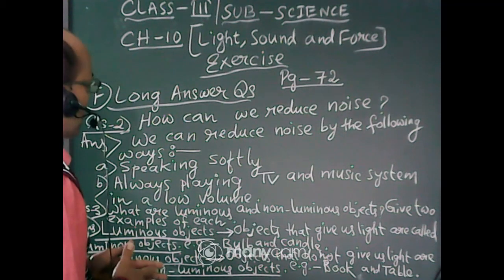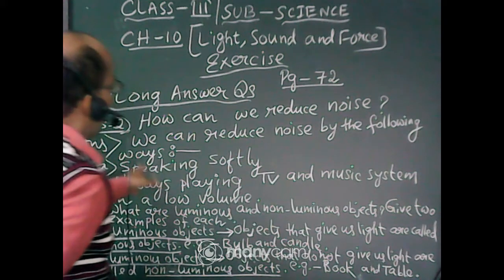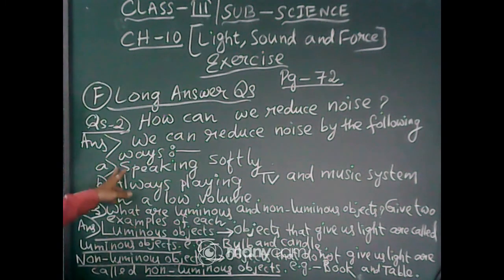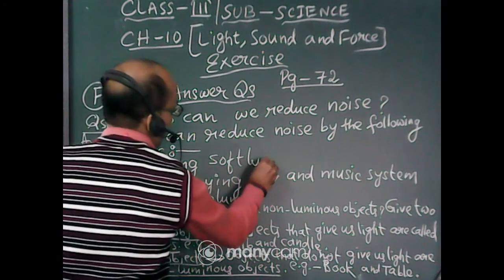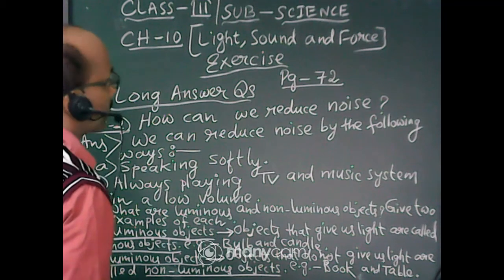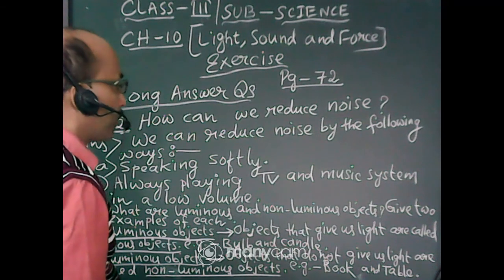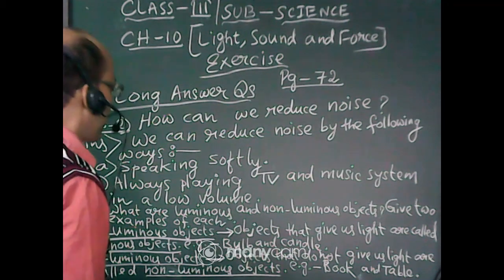Question number 2 is, how can we reduce noise? We can reduce noise by the following ways. Number A, speaking softly. Number B, always playing TV and music system in a low volume. Now question number 3 is, what are luminous and non-luminous objects? Give 2 examples of each.